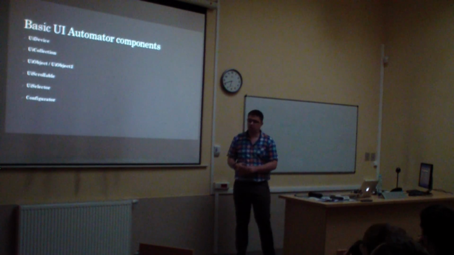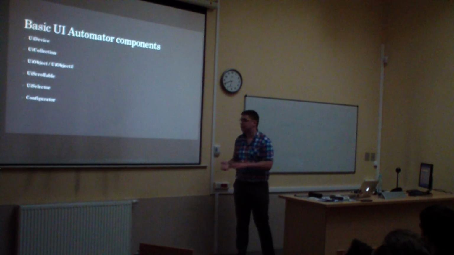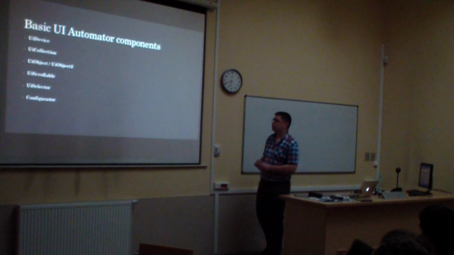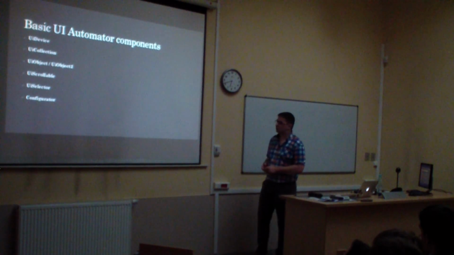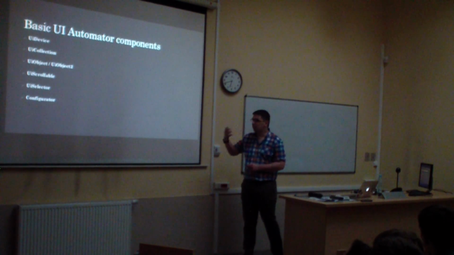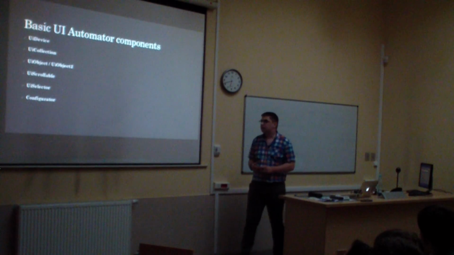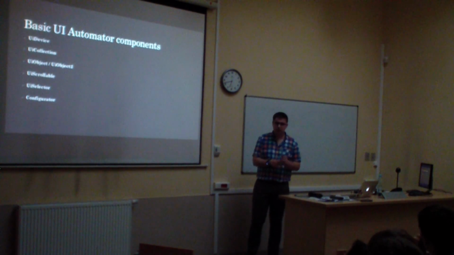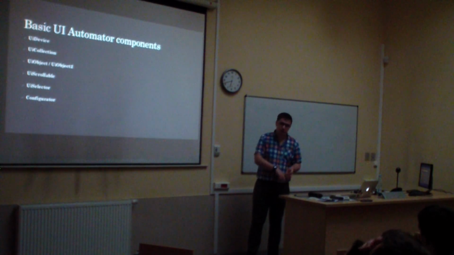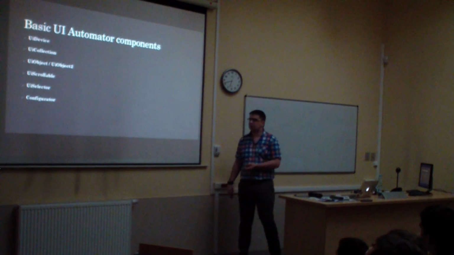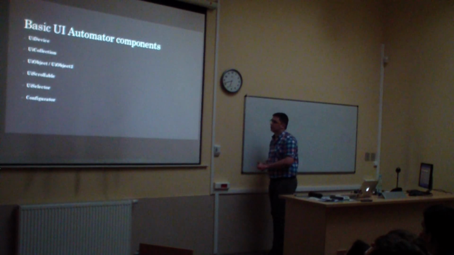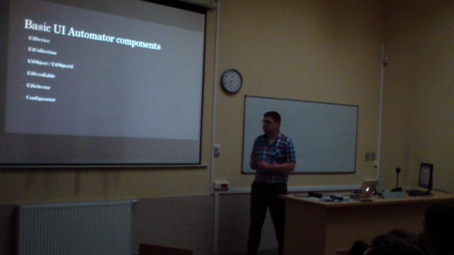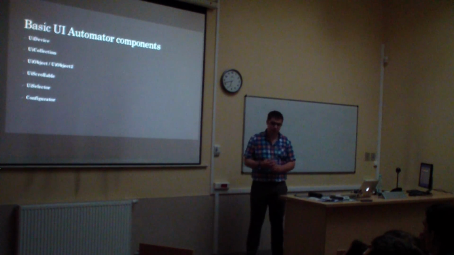And this component allows you to scroll in different ways. UiSelector helps you find any view. Use text, ID, description, content description, package, and something like this. And Configurator allows you to configure timeouts and other stuff for your test.